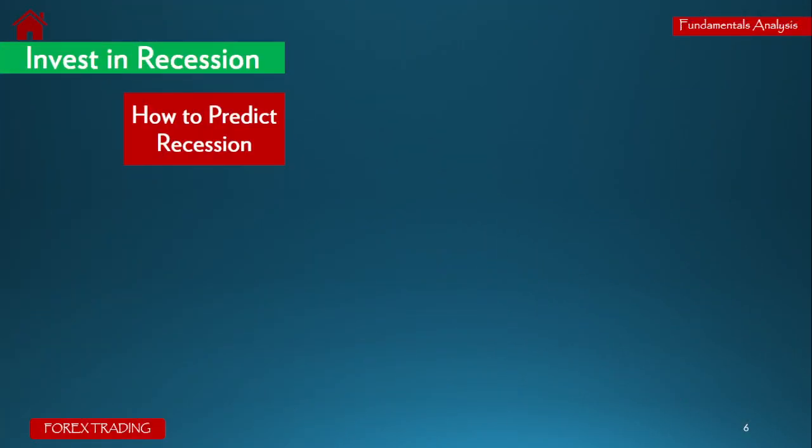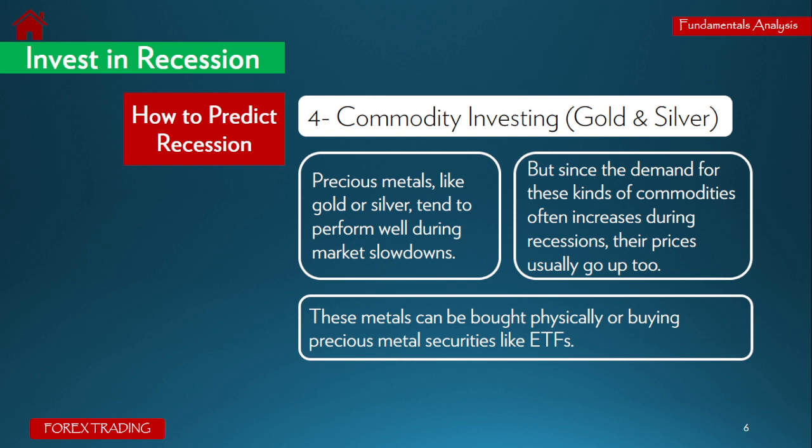Now we have commodity investing, like gold and silver. We can also invest in these. Precious metals like gold and silver tend to perform well during market slowdowns. Since the demand for these commodities often increases during recessions, their price also goes up.